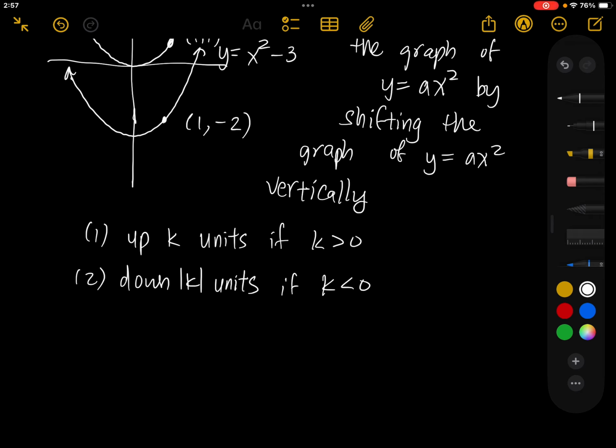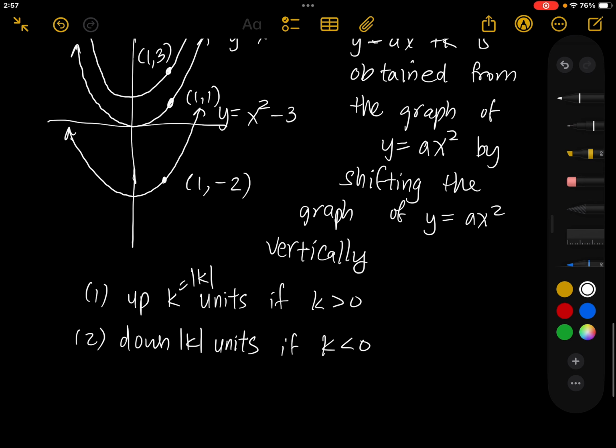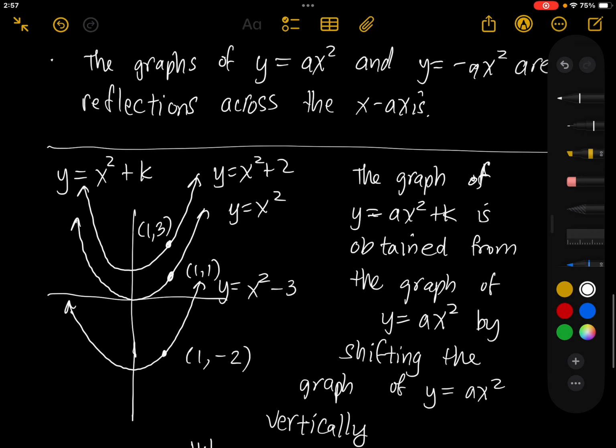If you think about it, if k is positive, then k is just the absolute value of k. So either way, it's up or down the absolute value of k units, depending on if k is positive or negative. So that's vertical shifts.